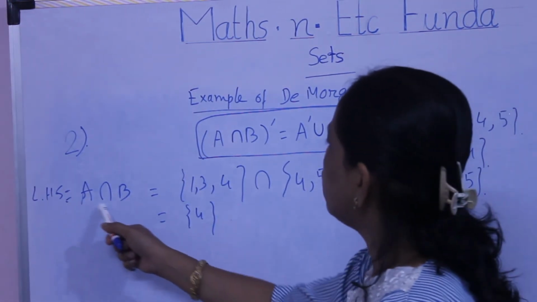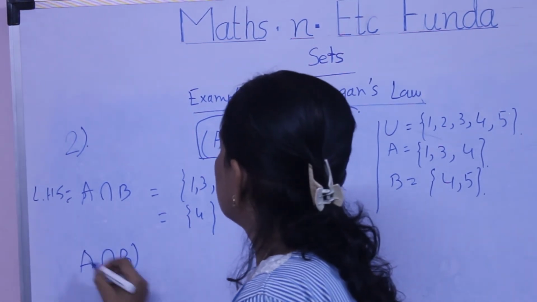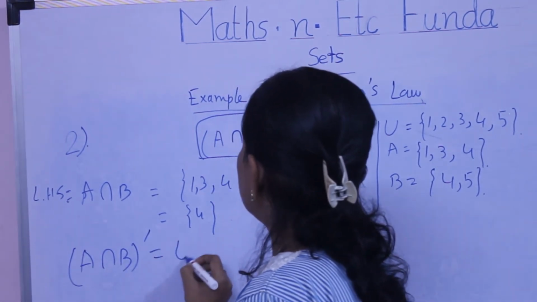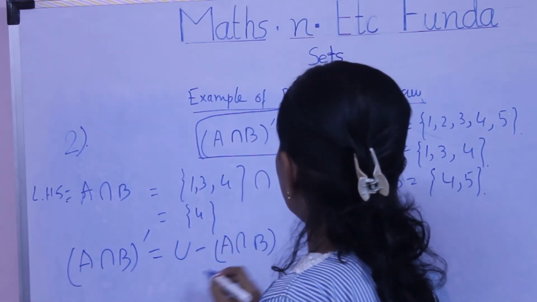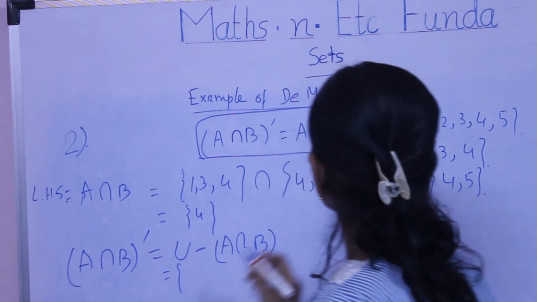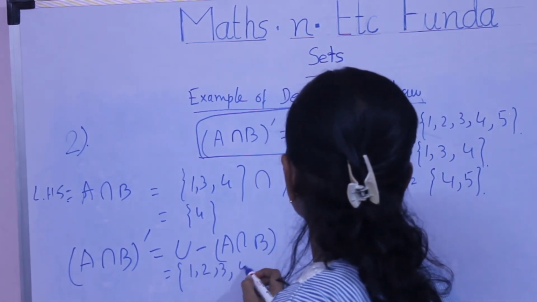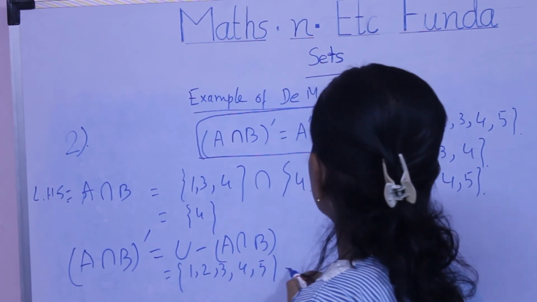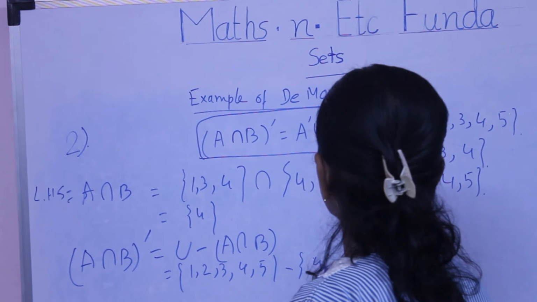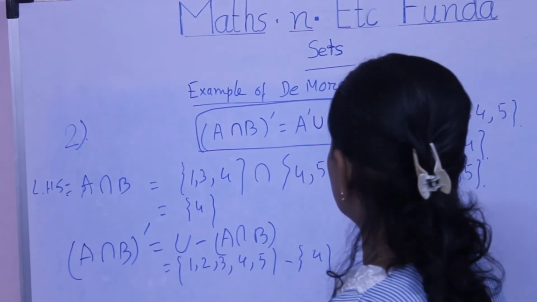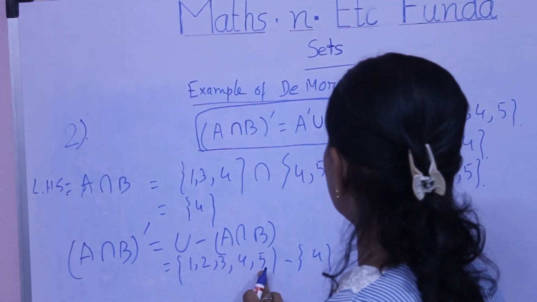Now we have to take its complement. So that means U minus A intersection B. So what is this? So here 1, 2, 3, 5.